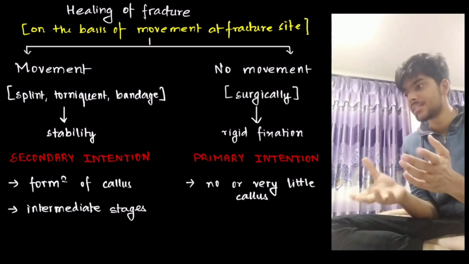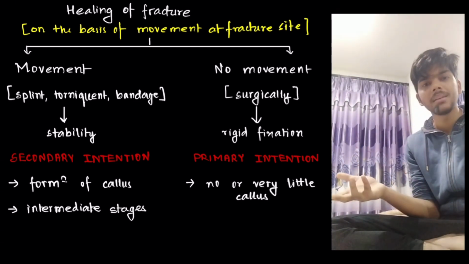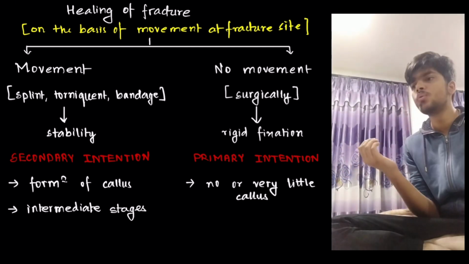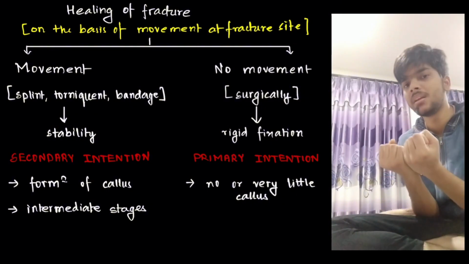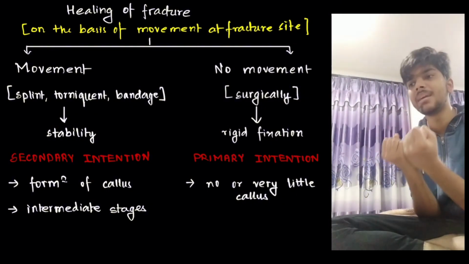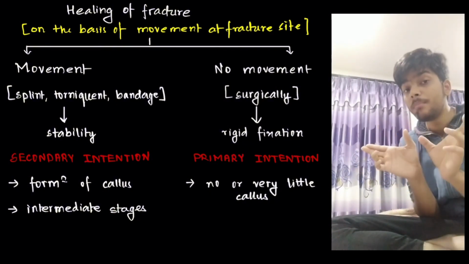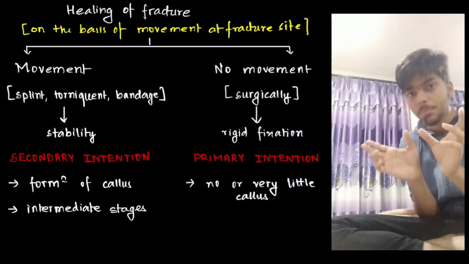In the first condition, let's say the doctor simply applies maybe a splint or a bandage to hold the fractured parts in place or to provide stability to the bone. However, there is still space at the site of fracture between the two fractured parts of the bone. There is still space, and due to this space there is still movement between the fractured parts.